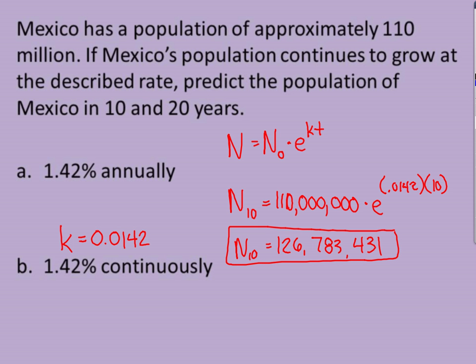Now, if you still have written down the previous one, if this was done annually, it was 126,656,869 people. So it is about 100,000 less people if it's done annually instead of continuously.